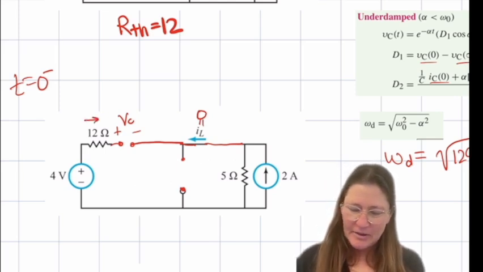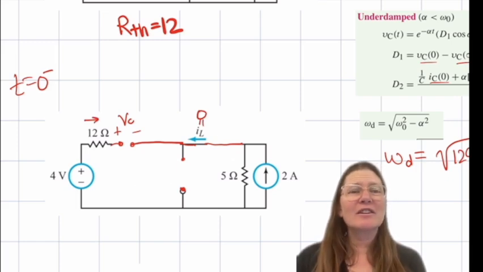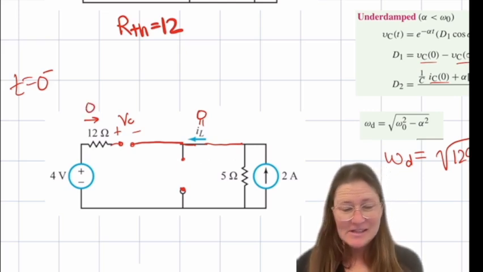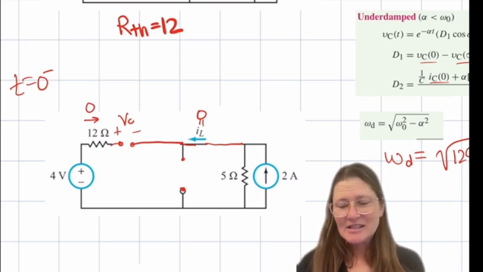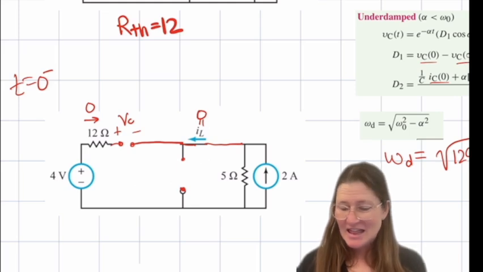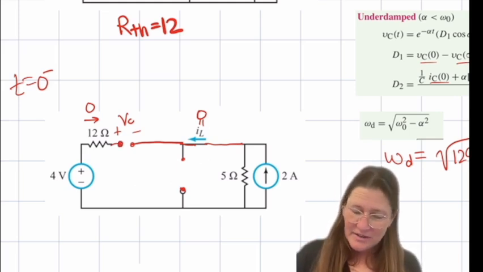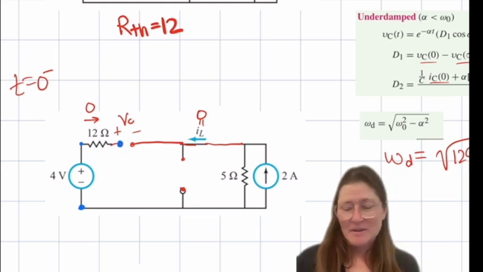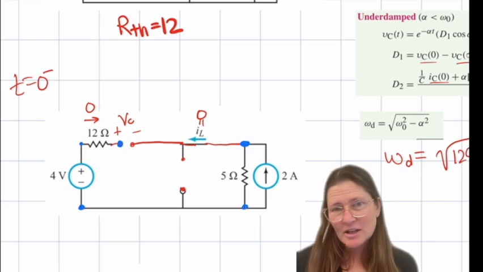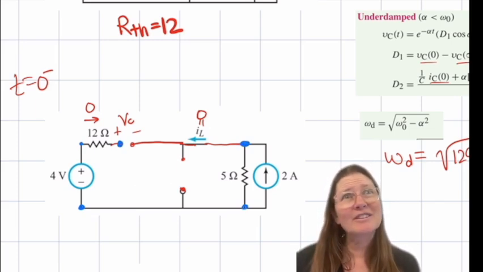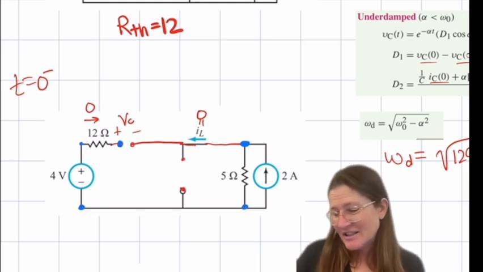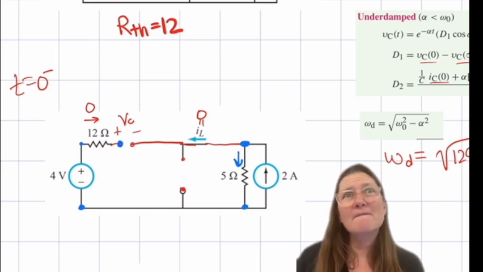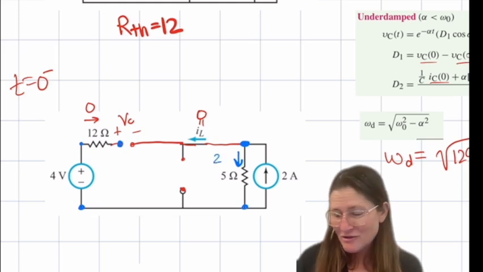VC, what's going through here? Current-wise, 0, 2. So between here and here is 4 volts. So then we need to know what's between here and here across the 5 ohms. What current is going through here? 2 amps. So what's the voltage?